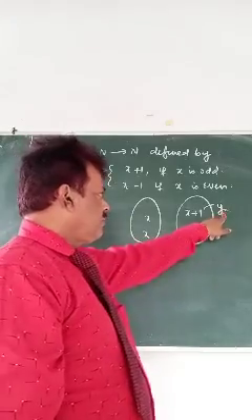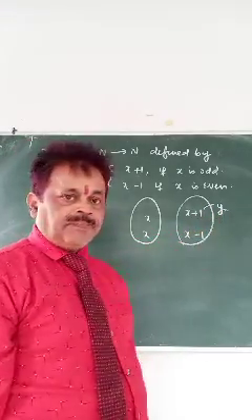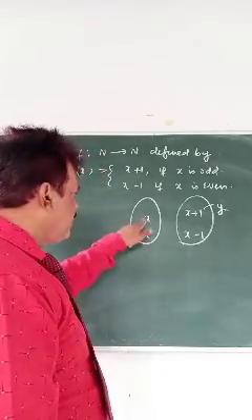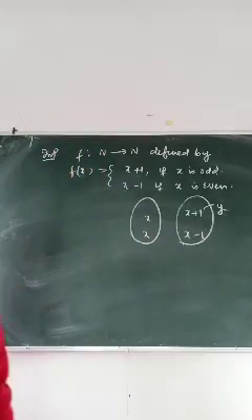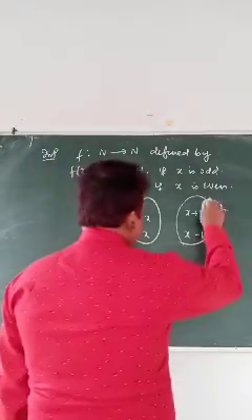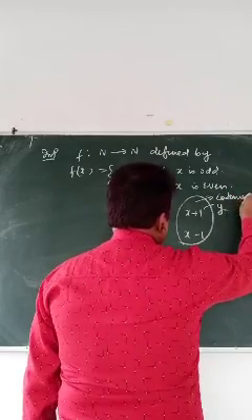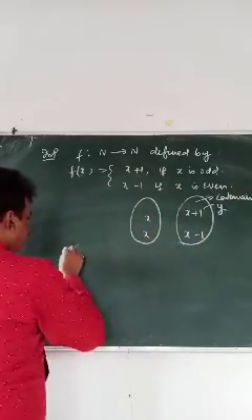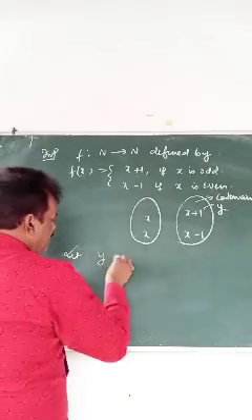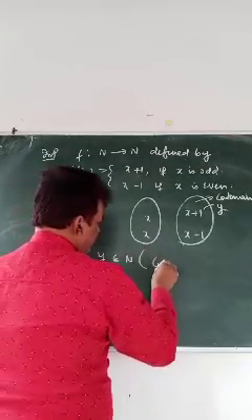Means once y will be equal to x plus 1 and once y will be x minus 1, depending upon even and odd. Okay, so for onto, let y belong to codomain. This is your codomain. Let y be any natural number belonging to codomain.